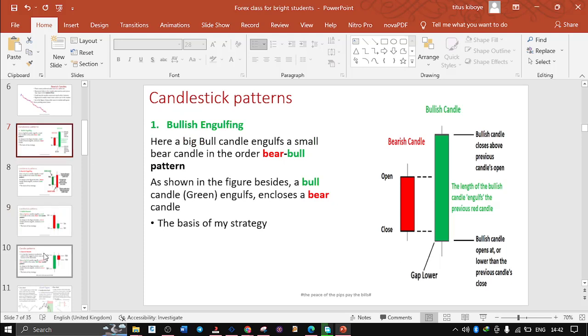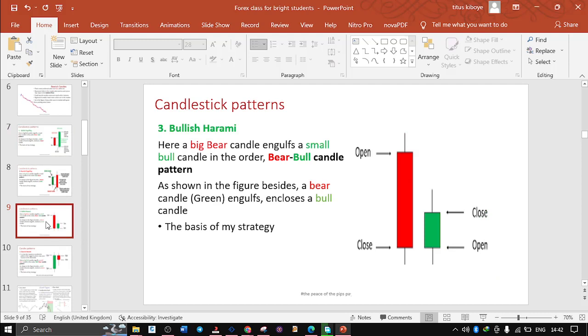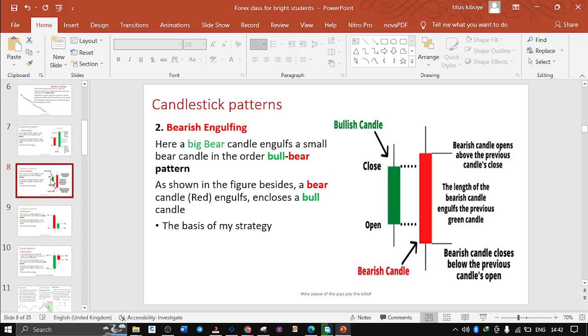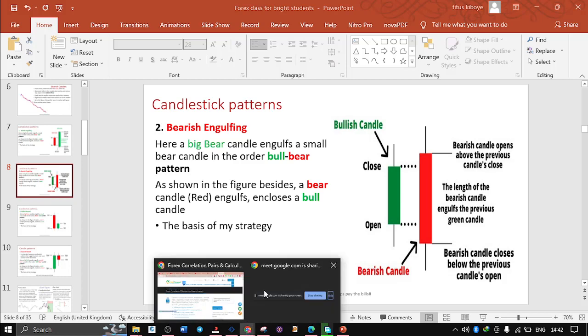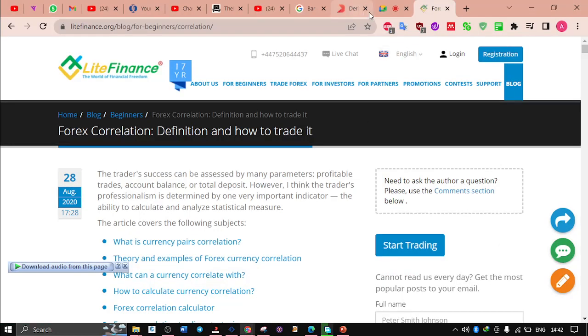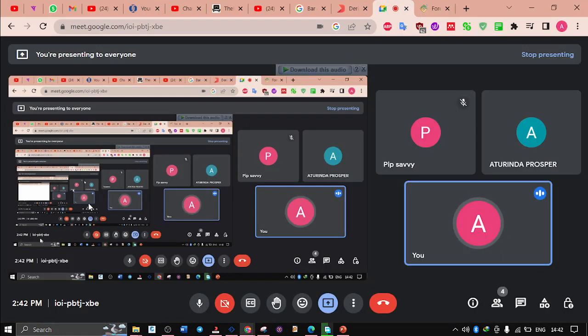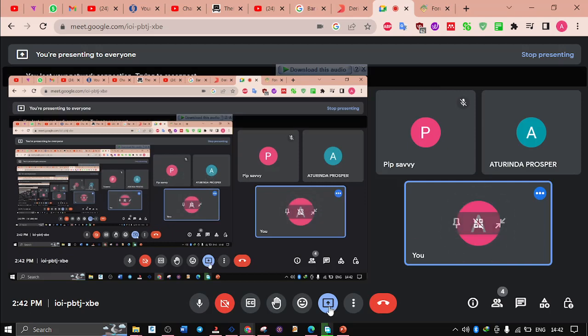We go to the next. You read the slide number. Is it 9? I think we were at 9. Let's go to 8. What could be the problem? The screen is no longer moving. Let me check the problem here. What's wrong?